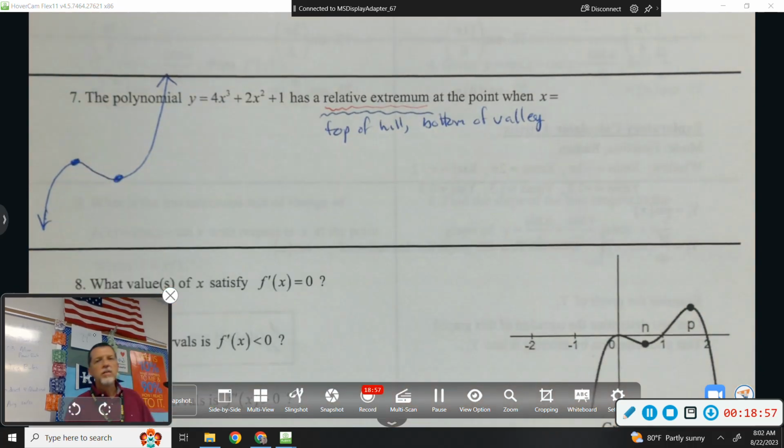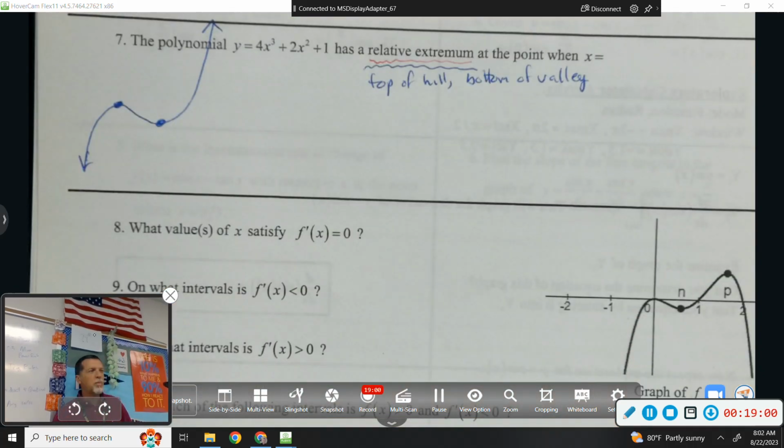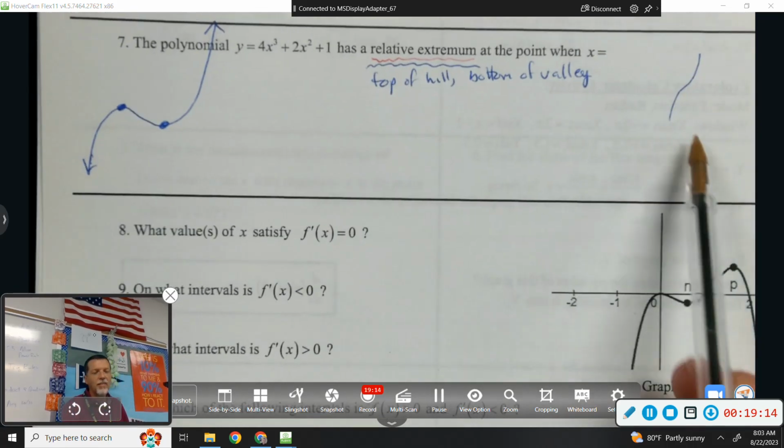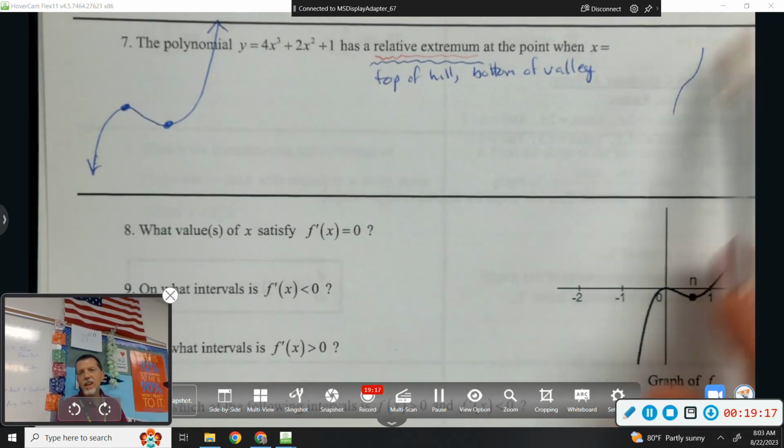So just like conceptually, picture-wise, I might have 2 relative extrema for a cubic. I say might because there's some cubics that don't do that. They don't have peaks and valleys. They just kind of go straight through.